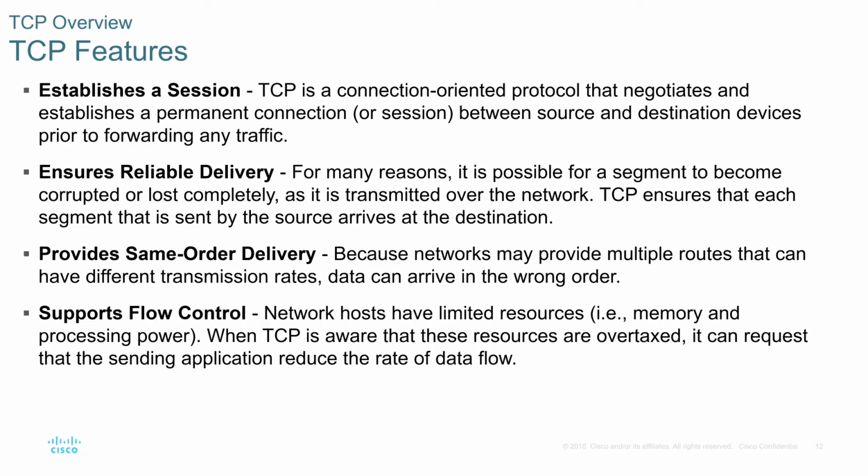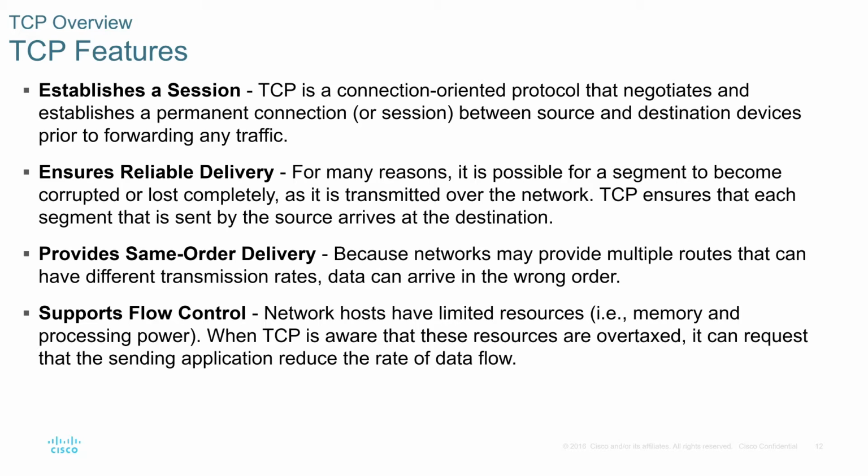The receiving system will reply with a synchronizing acknowledgement, in which it will have its own beginning sequence number and the sequence number provided by the first host plus 1.